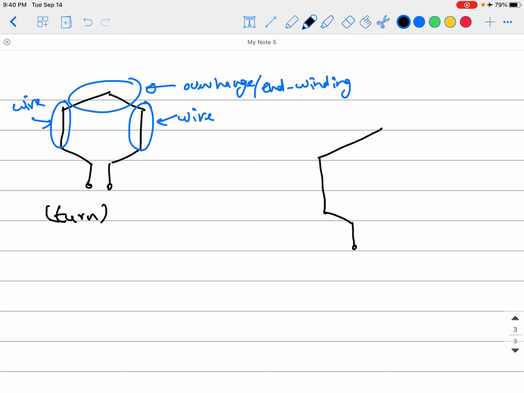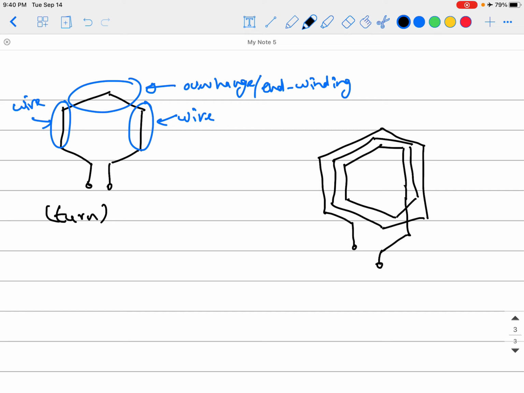So I will have a turn like this, and then another turn like this, and another turn, and as many as you can to get whatever number of turns you need. Okay, so these multiple turns we now call a coil, and that is the thing we'll be using all the time. Not just one piece of wire, not a single turn of wire, but multiple turns to get a coil. Okay, and that is the more concentrated shape.